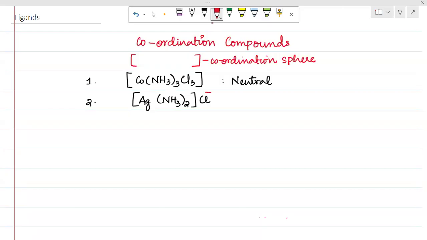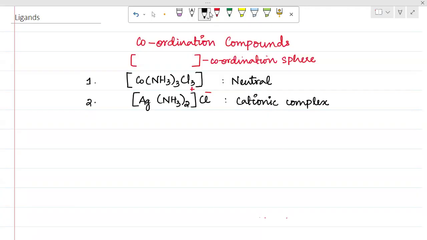This will exist as Cl minus, and this will exist as [Ag(NH3)2] plus. So the coordination sphere over here is positively charged. If so, you call that complex a cationic complex.